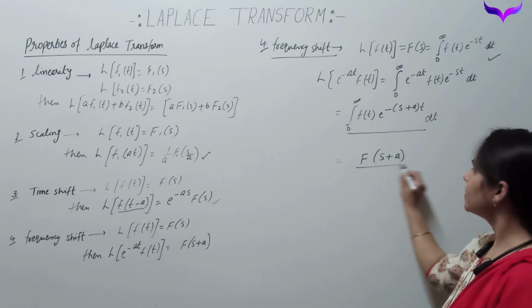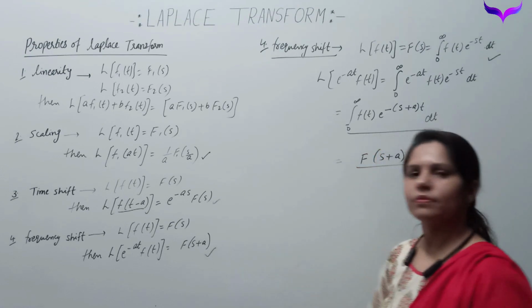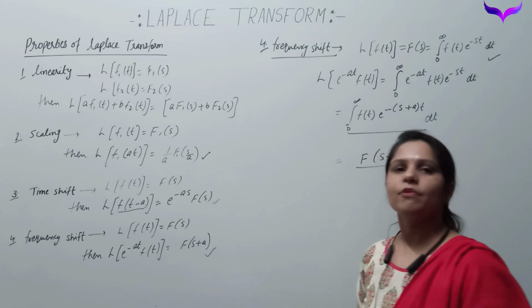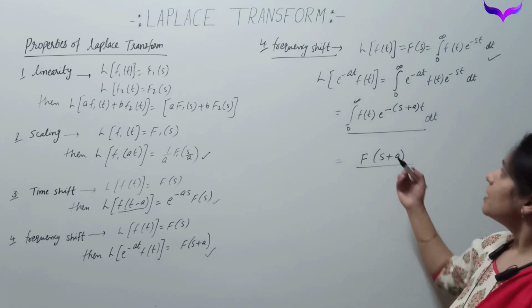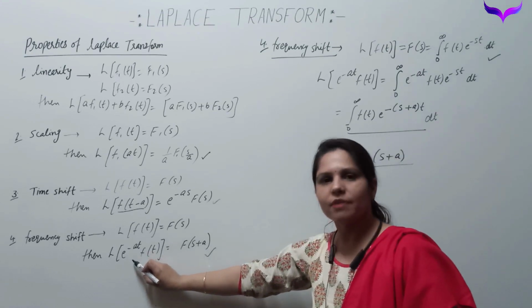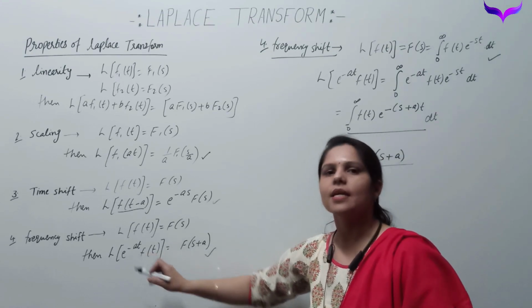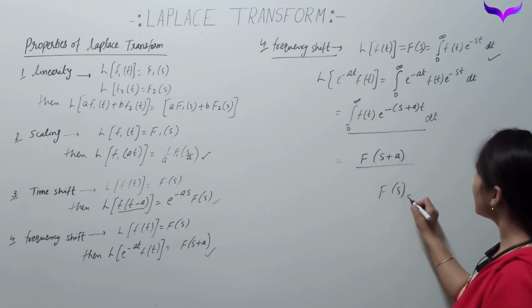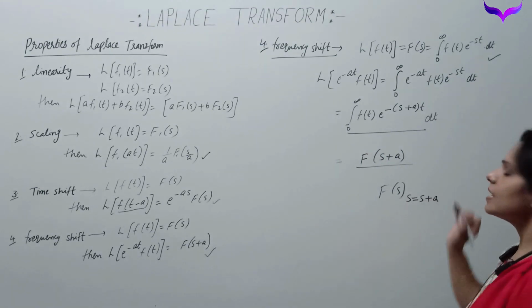And this is the thing which we want to prove. Laplace transform of e raised to power minus at f(t) is equal to F of s plus a. It means if any function in time domain is multiplied by an exponential function, that is e raised to power minus at, then its Laplace transform is F(s), but with s replaced by s plus a.